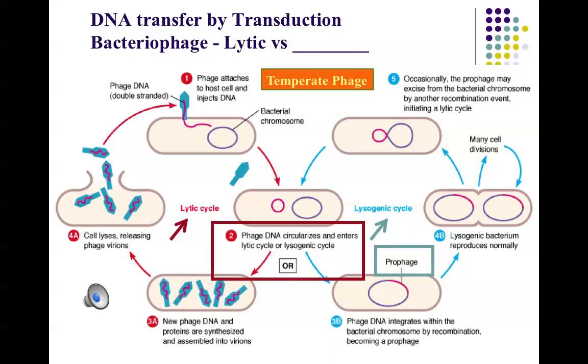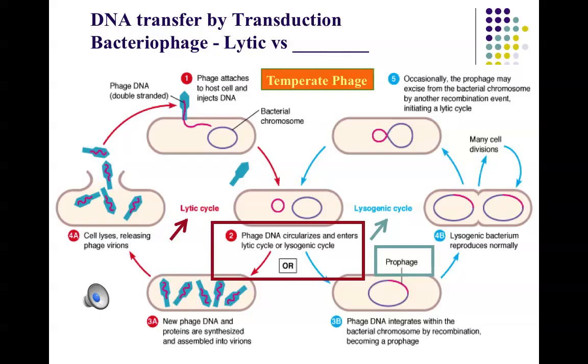We can see that for step number 2, the bacteriophage has introduced its DNA, and the viral DNA, as well as the prokaryotic chromosome, are circularized.